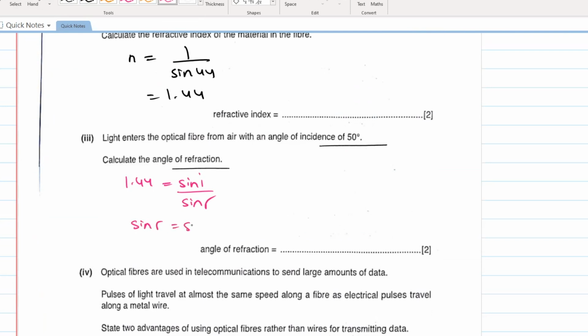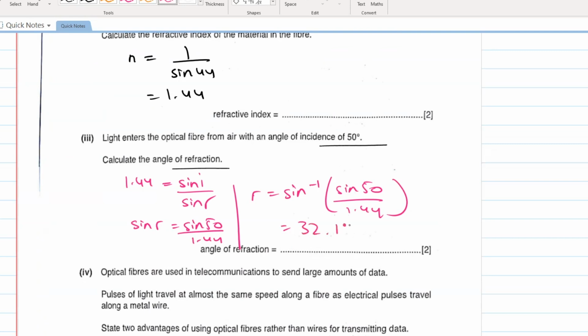Sine r is equal to sine 50 over 1.44. r is equal to sine inverse of sine 50 over 1.44. Take a sine inverse. Your angle of refraction comes out to be 32.1 degrees. Simple.